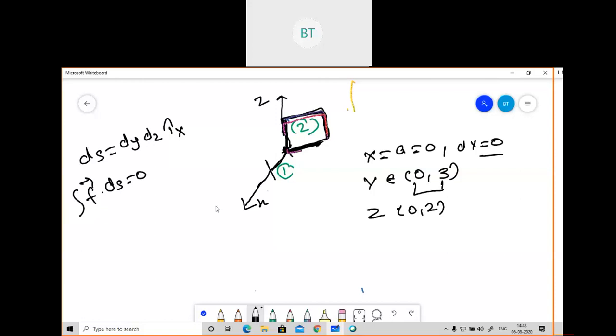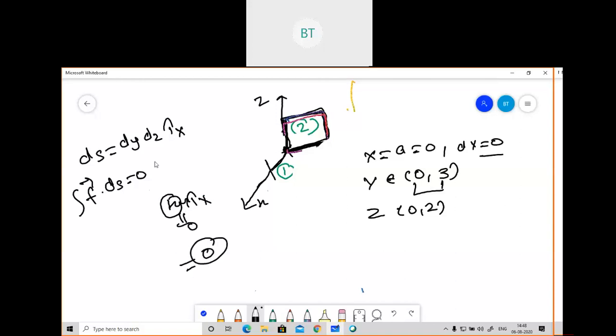I need to put in F, and then substitute the values. Since x equal to 0, what was given in the question was xy i cap x, and x is already 0 here. So finally the answer will be 0.